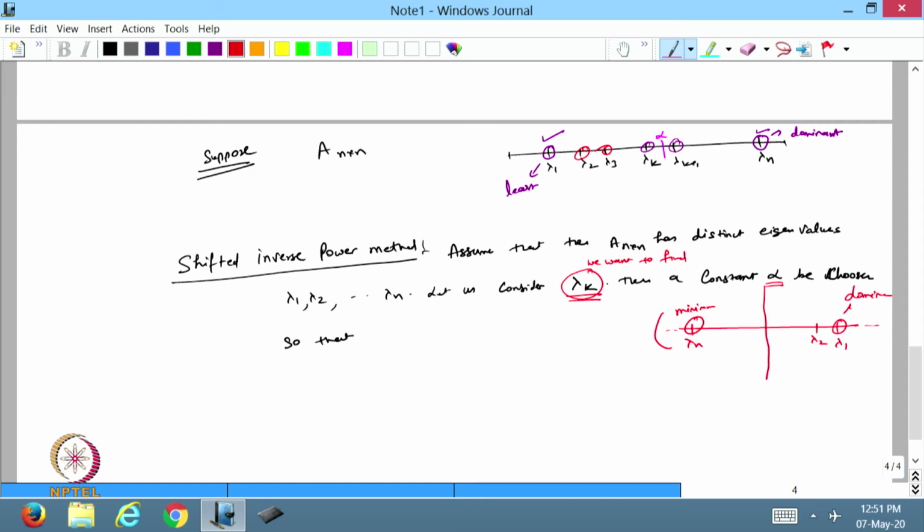Then a constant alpha is chosen such that I take 1 over lambda k minus alpha, and I call it mu 1. So, let us take this as mu 1.